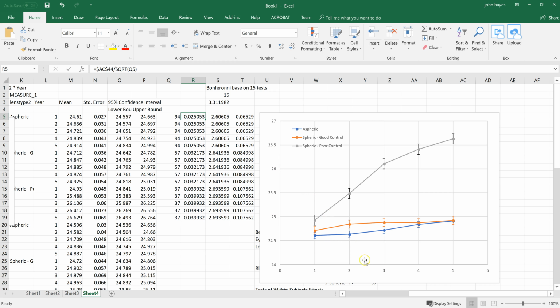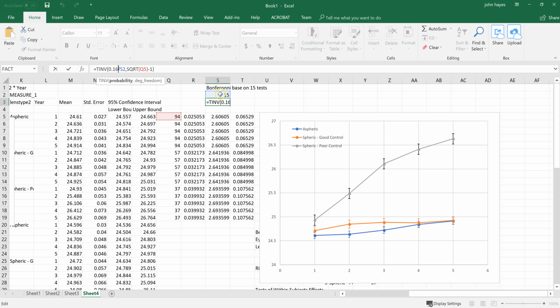Now, getting those confidence intervals again. We're basing our Bonferroni test on 15 tests. Now remember, our t inverse is 0.16. That's the 84th percent confidence interval with n-1 degrees of freedom. But here I have divided by the number of tests.